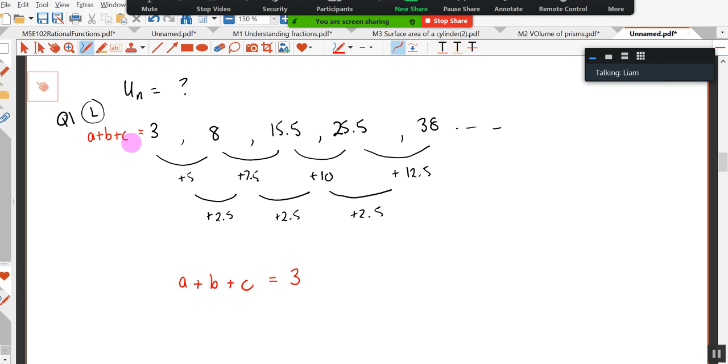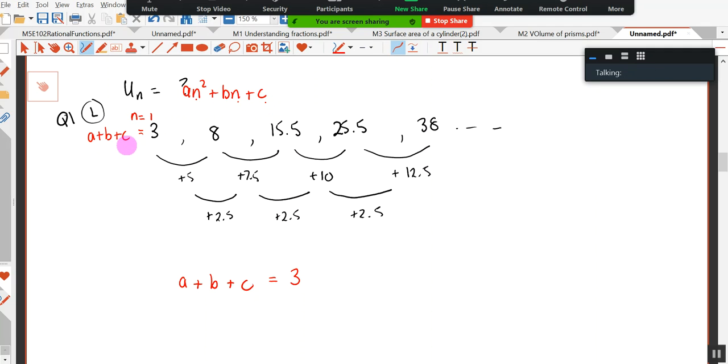Well, it's putting 1, as in n is the first term, into an squared plus bn plus c. If I put 1 in for n, you get a times 1, b times 1, and c. A plus b plus c.